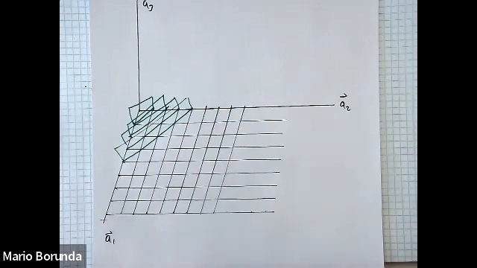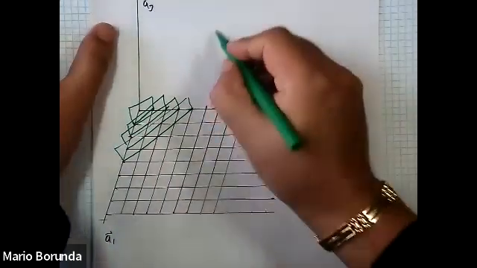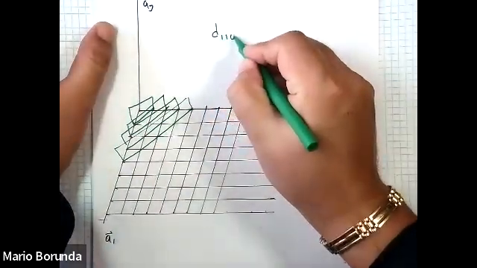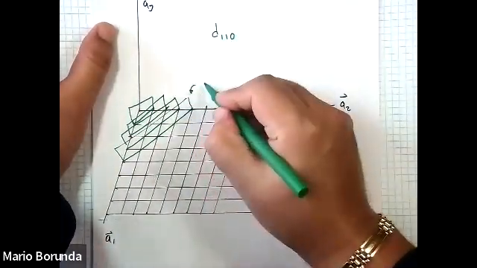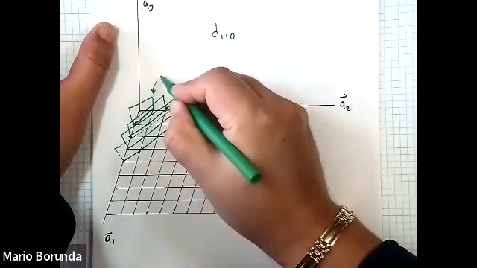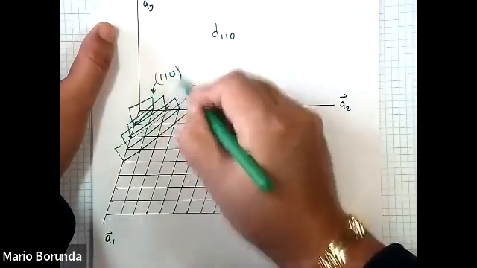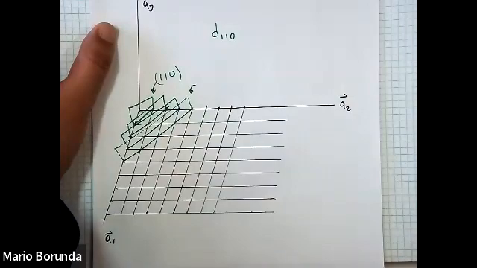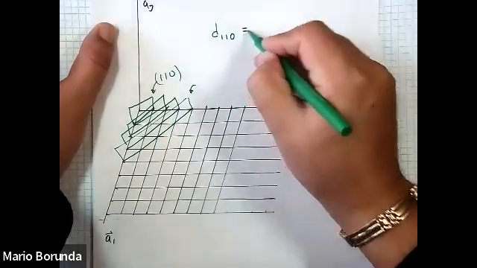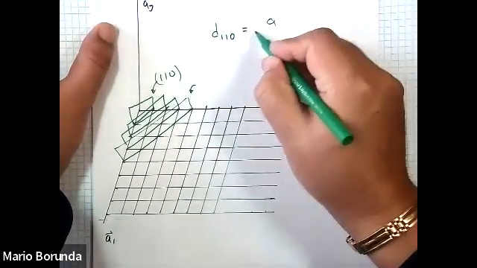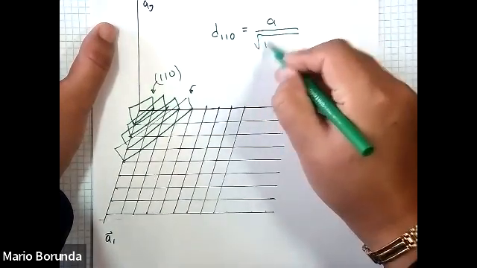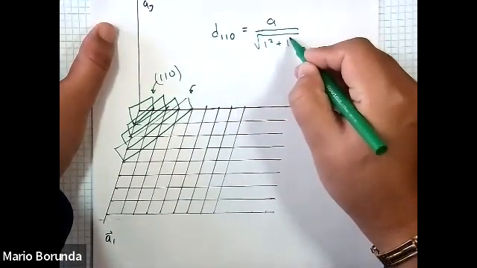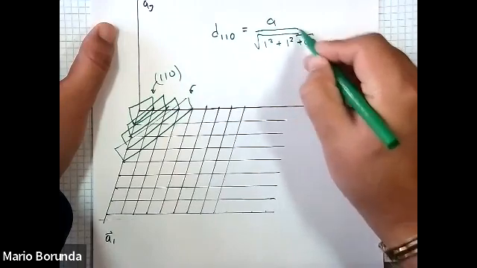So if we look at the distance between planes, this is the 1, 1, 0, right? The set of planes in the 1, 1, 0. If we look at this distance, this is a over the square root of 1 squared plus 1 squared plus 0.